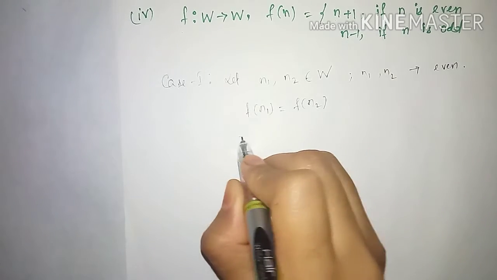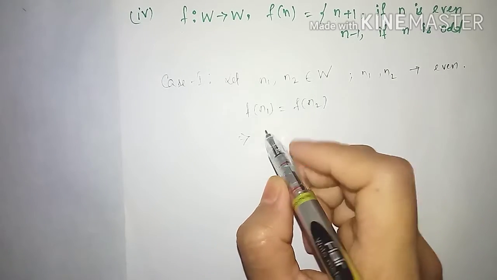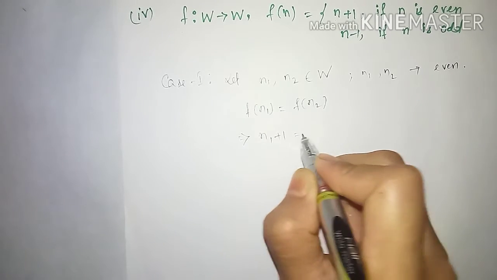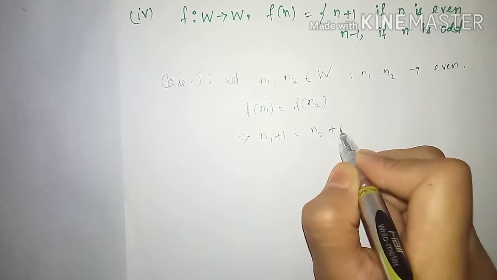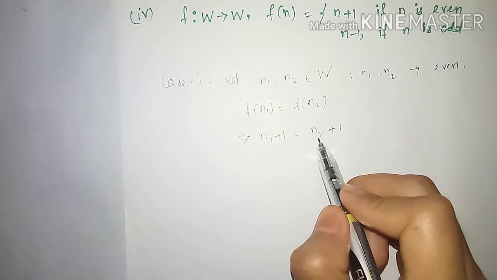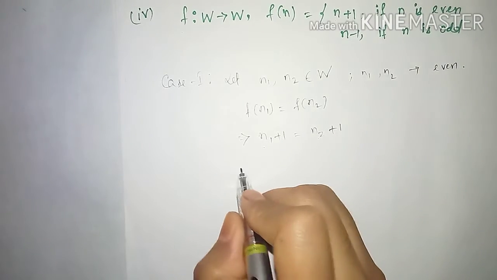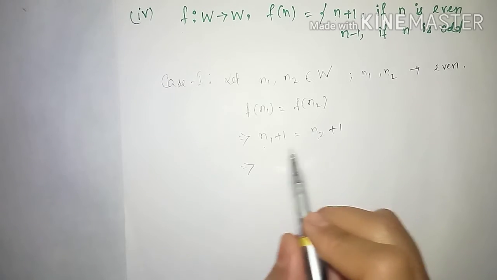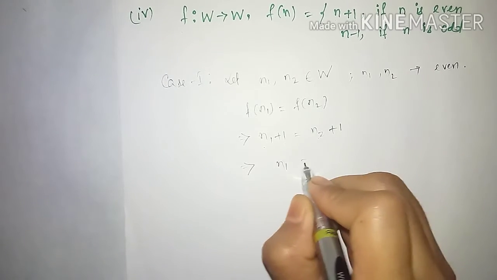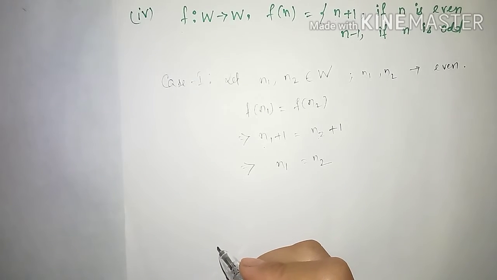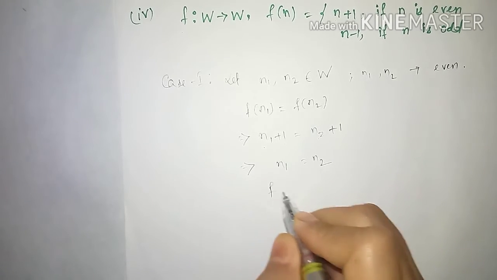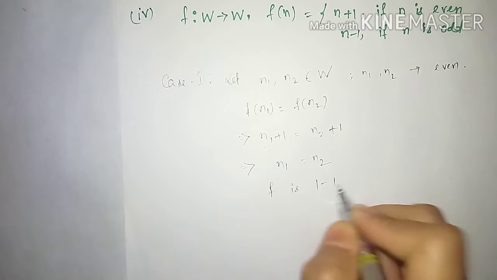So according to the definition of this f, here we have n1 plus 1 and n2 plus 1 since n1 and n2 are even. Cancelling out the 1 on both sides, we get n1 equal n2. So in this case, this function f is 1-1 or injective.